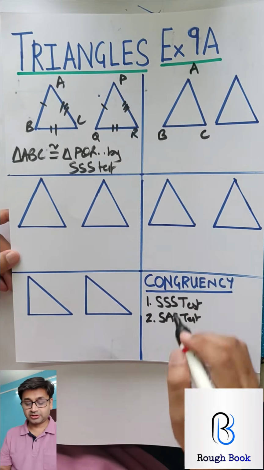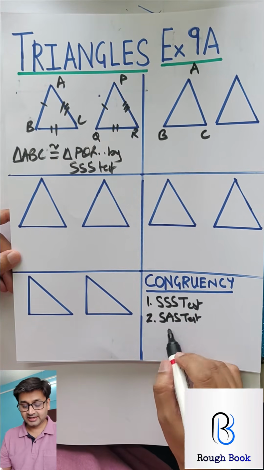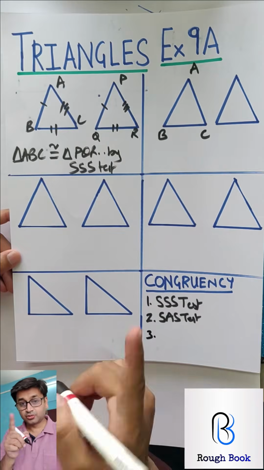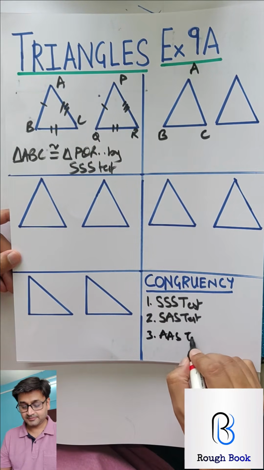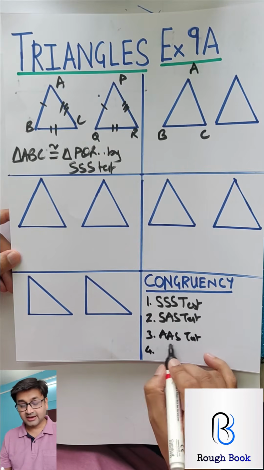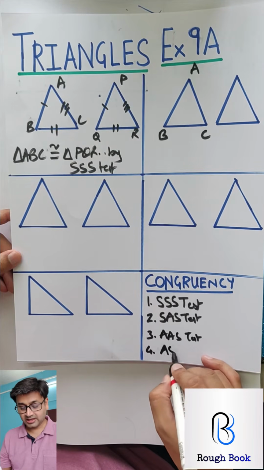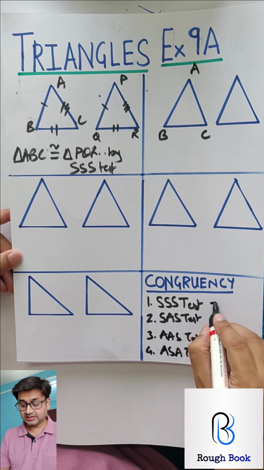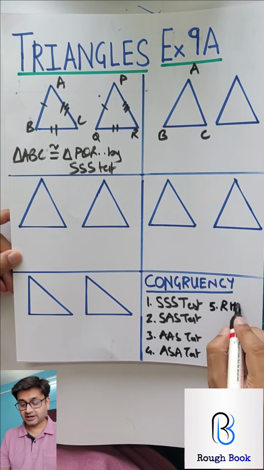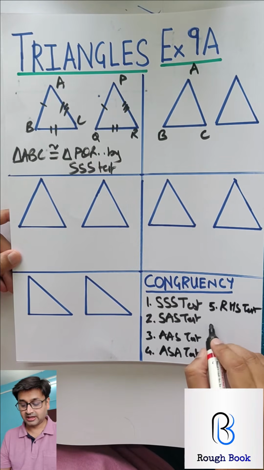So what are the possibilities? SSS, SAS. Let's introduce one more angle, so it becomes the AAS test. Angles can be in different places also, so the ASA test. One more test which is a special test called the RHS test. What is that? I will talk about that later.